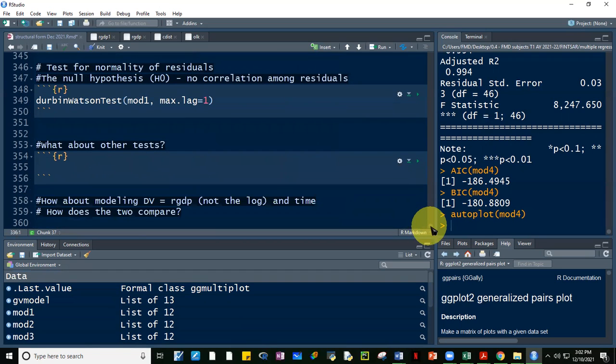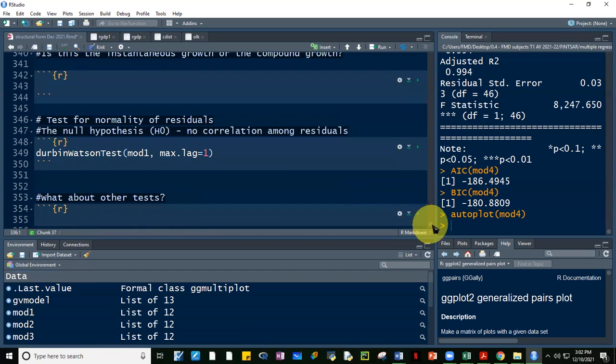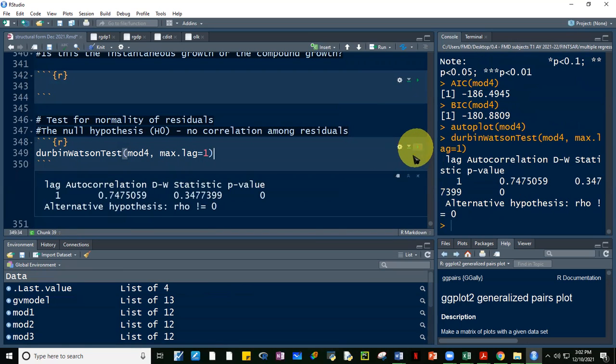Nag-generate na natin. Test for normality of residuals. Dito naman ang ginagamit, guys, si Durbin-Watson. So maraming statistical test. Null hypothesis is no correlation among the residuals. Run natin to. Okay, Durbin-Watson test. P-value is 0.